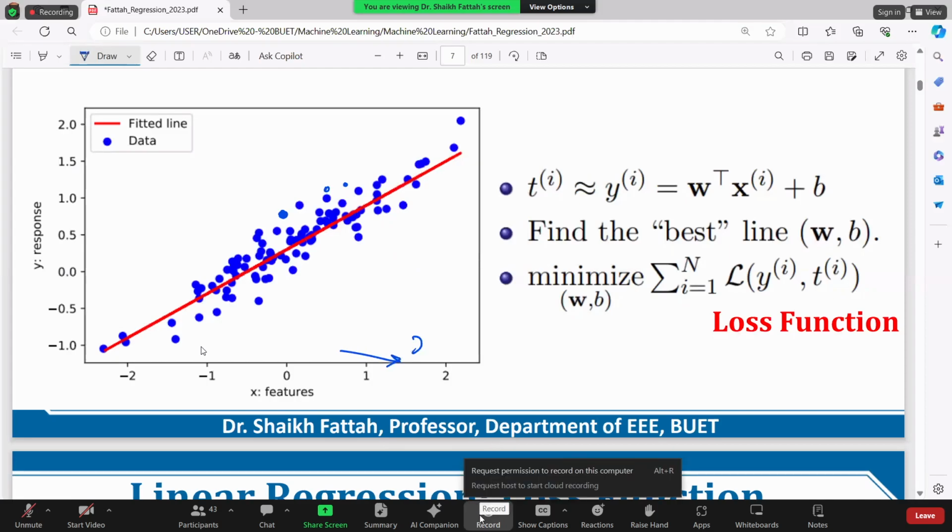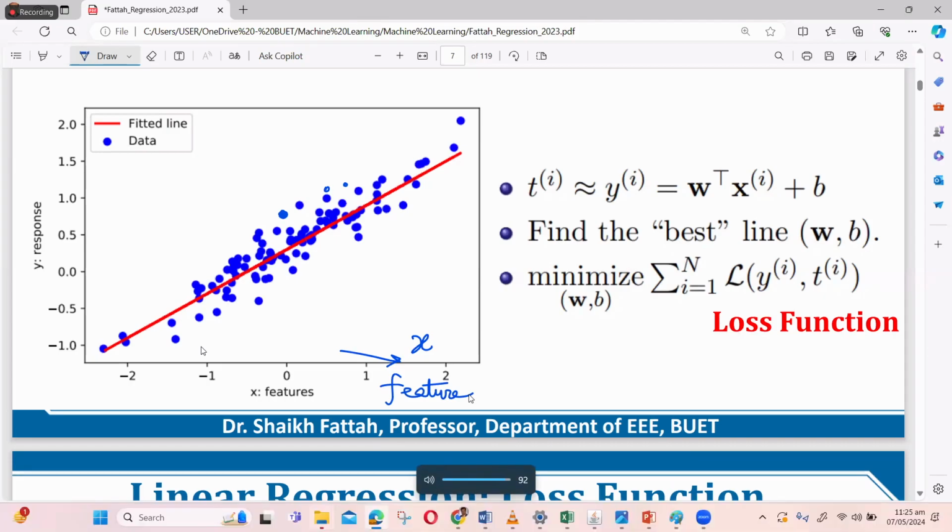Your x-axis is the feature and your y-axis is the target value. So if x equals 1, you can get the corresponding target value, this blue point.